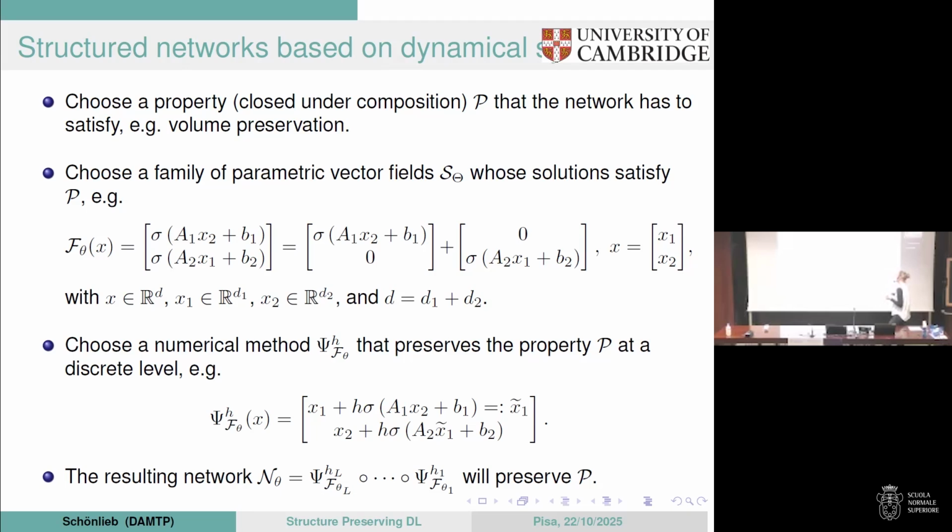Then, if the property you're imposing is closed under composition, which is important because you impose it in every layer, the composition again has this property, and it will be preserved by the neural network itself. So this is the whole idea.